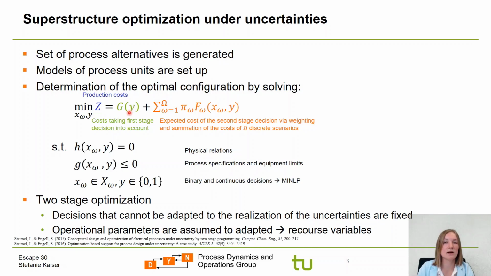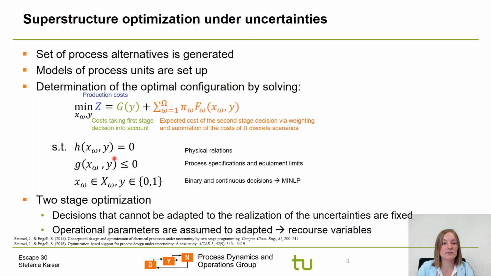And these decisions are, for example, either binary decisions, as if a process unit is used or not, or they can also be discrete or continuous decisions, such as the number of stages in a distillation column or the volume of a reactor. The second part of the cost function are the expected costs of the second stage.